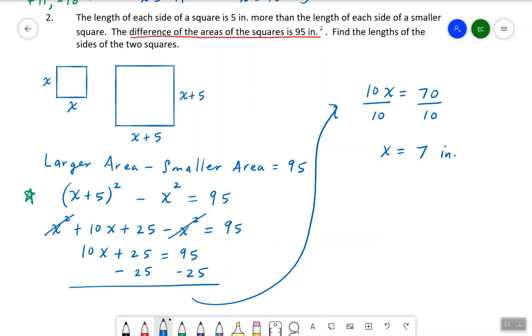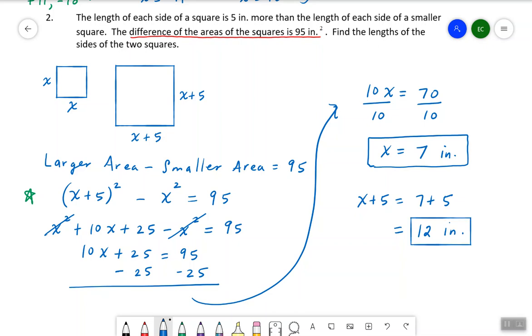We want to write 7 inches for the length of the side of the smaller square. And then for the larger square, we'd have x plus 5, which is 7 plus 5, or 12 inches, for the length of the side of the larger square. And we're done.